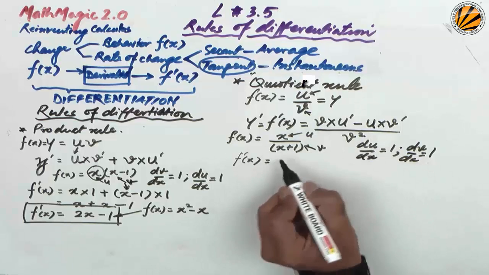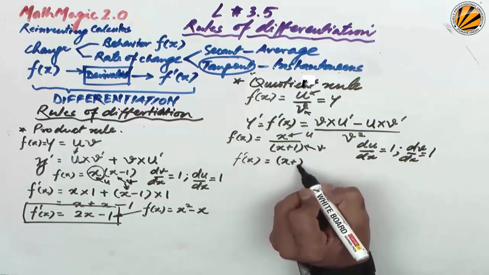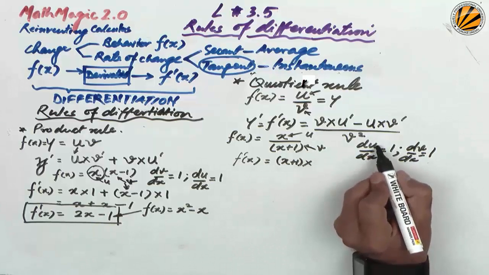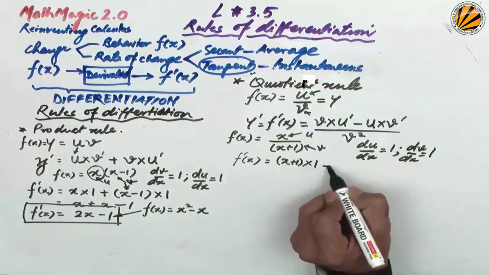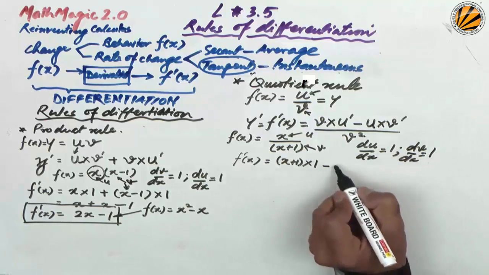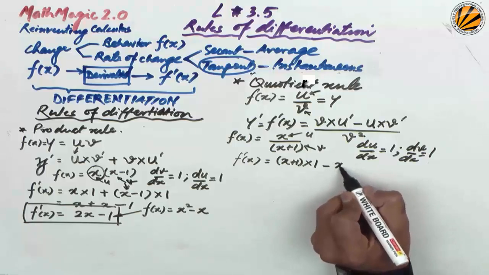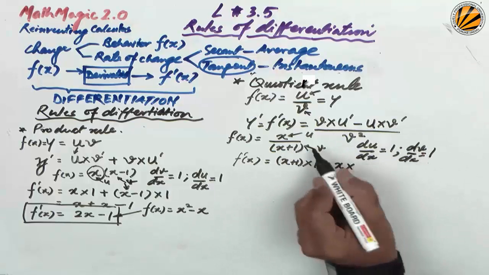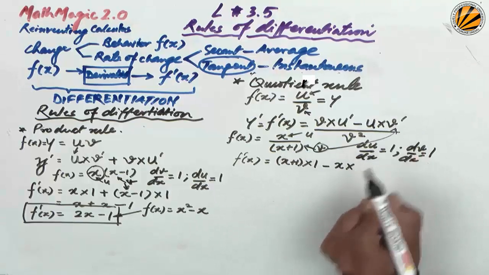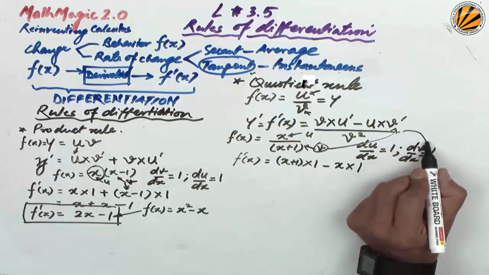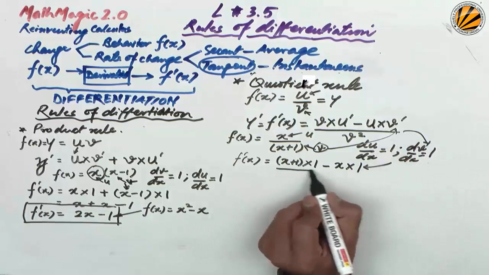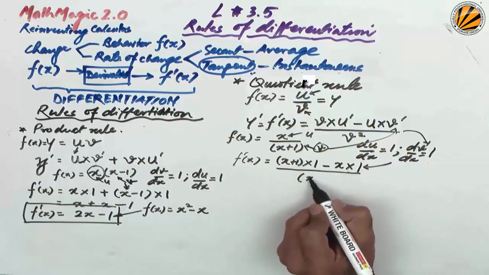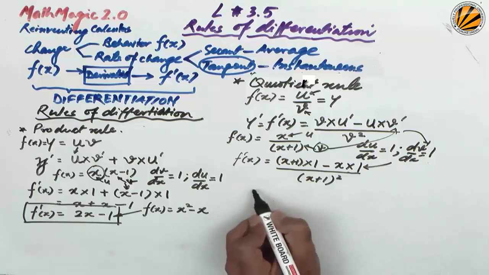The denominator, that is x plus 1, multiplied by the derivative of u, which is 1, minus the numerator function, that is x, multiplied by the derivative of the denominator v, divided by the square of the denominator, that is x plus 1 whole square.